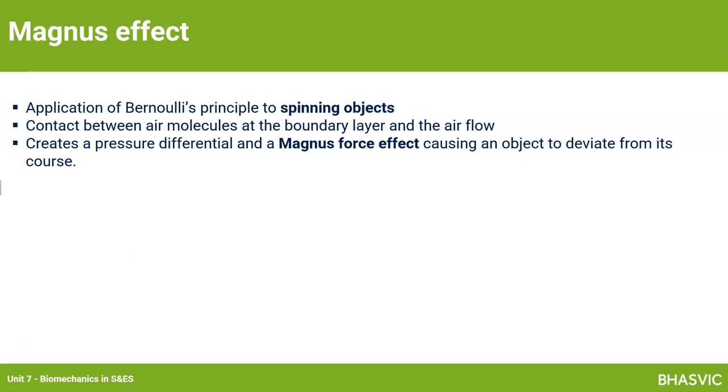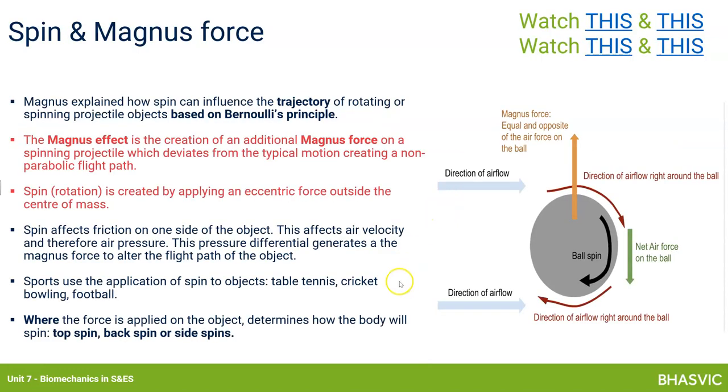It's basically Bernoulli applied to spinning objects, in most cases balls: footballs, basketballs, tennis balls, table tennis balls. So a lot of our racket sports like table tennis and tennis, cricket, bowling in cricket, really use spin to influence the flight path or the trajectory of the ball.